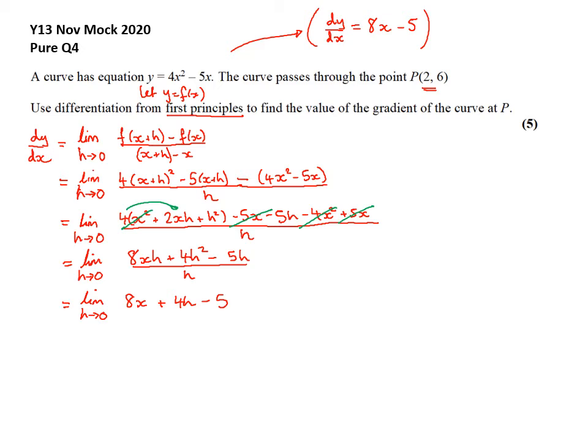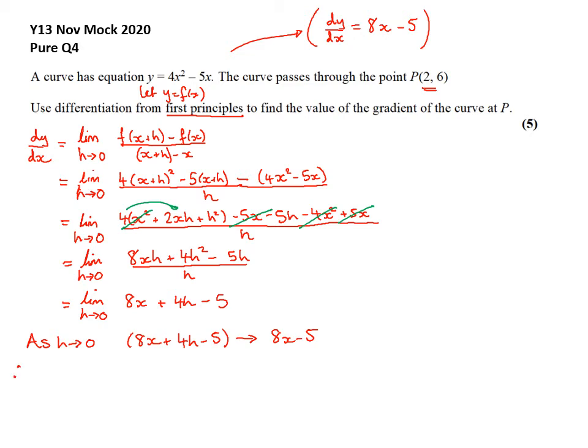So now I need to write my statement about limits. So as h tends to 0, then this whole function, 8x plus 4h minus 5, tends to 8x minus 5. The h will tend to 0, 4h will tend to 0.